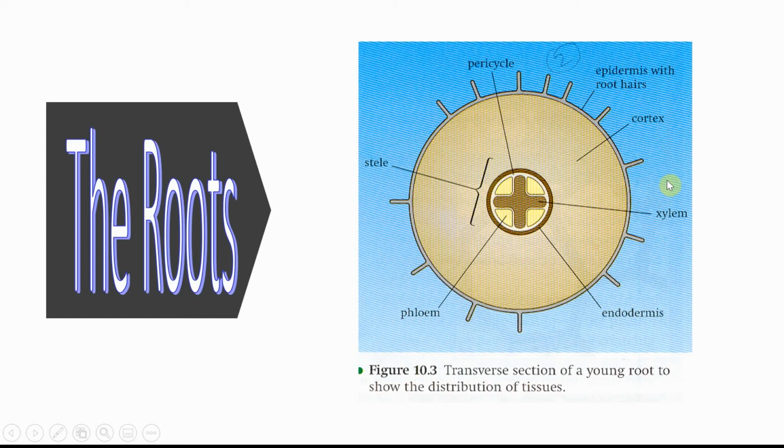What we're going to learn next week is how water gets from the outside, through these root hair cells, across this cortex, in through this pericycle and endodermis, and then into this xylem. And then it's going to go up towards the leaves. You'll notice between the arms of this cross you've got the phloems.